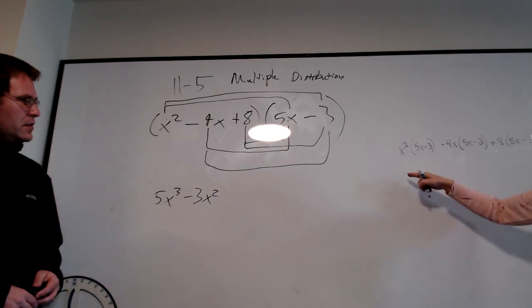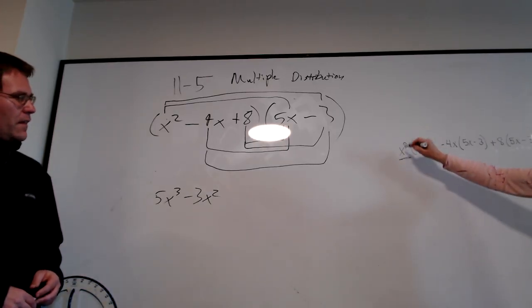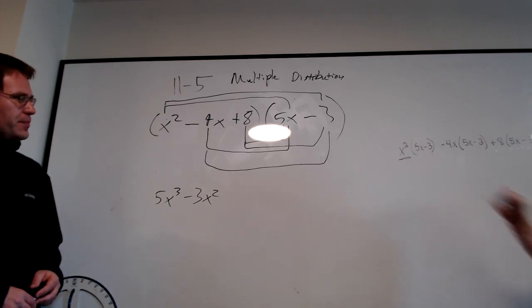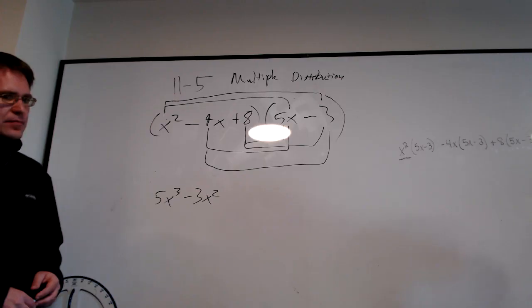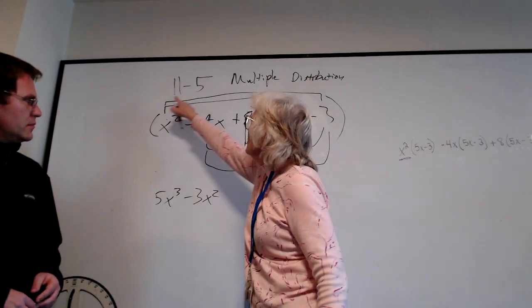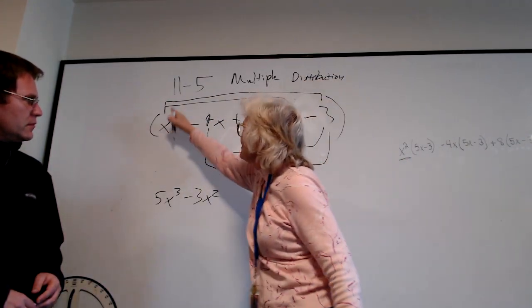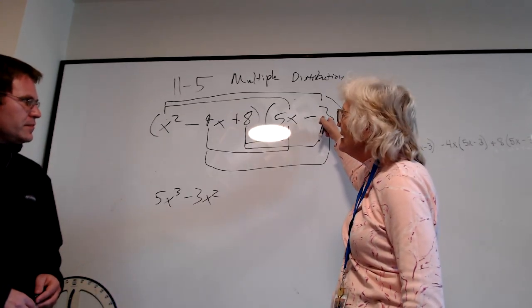That's a lot more writing, but what you're in a sense doing is taking this x squared and multiplying it by both. You're taking the negative 4x and multiplying it by both, okay? You're taking the 8 and multiplying it by both. So this is one way of writing it. This is another way where you go up and over and just follow what you're doing there, okay?